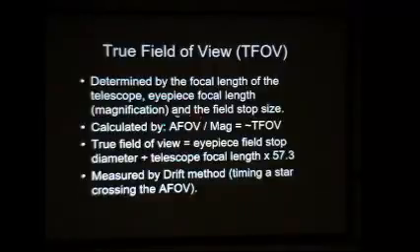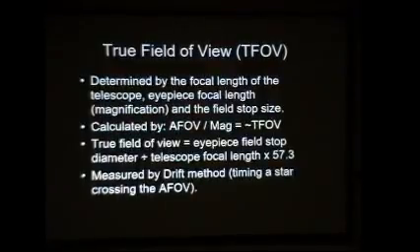So, if you know the apparent field of view of your eyepiece, and you should, it's usually in the information on it, and then you know the magnification because you know the focal length of your eyepiece and the focal length of your telescope, and you divide the focal length of the eyepiece into the focal length of the telescope, you'll get its magnification. So you'll have these two values, and you'll be able to get a good approximation of the true field of view, how much sky you're looking at.